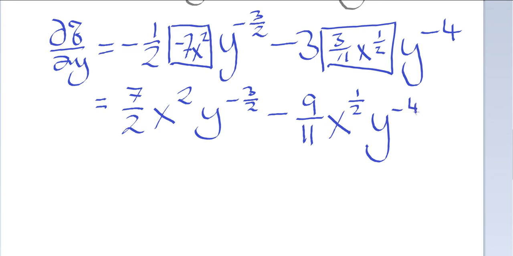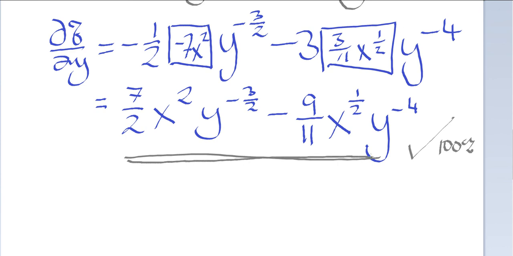Okay. Now I know I said earlier that would nearly do that expression there. And if the question just said find the partial derivatives, then yes, that's a perfect answer. But the problem is when you're asked a multiple choice question, none of the choices may be written like that.